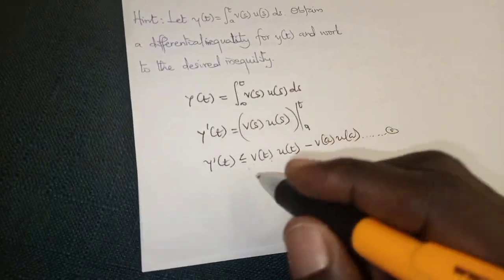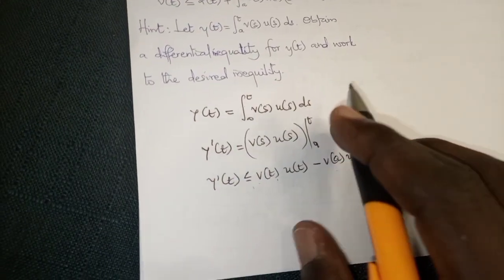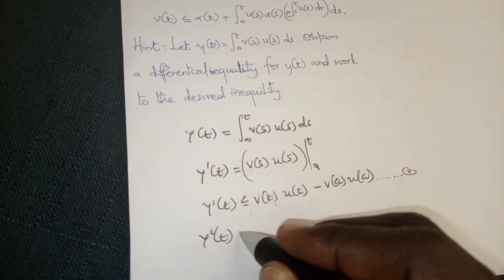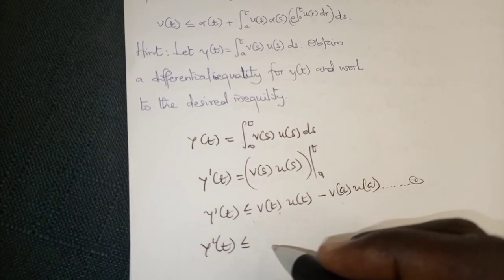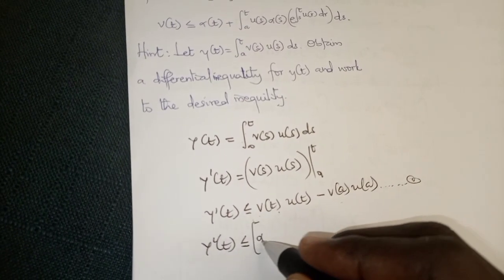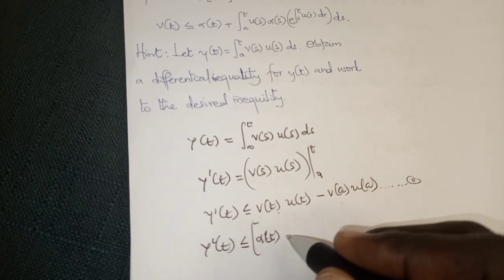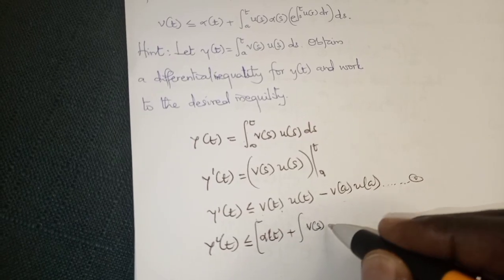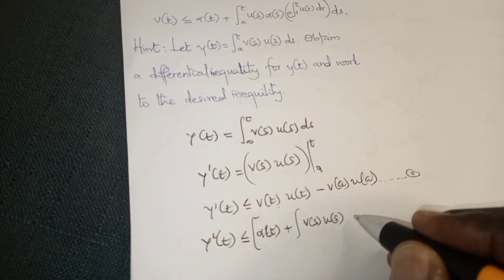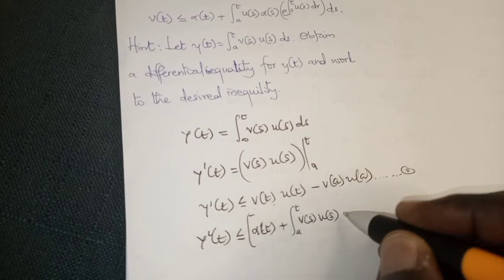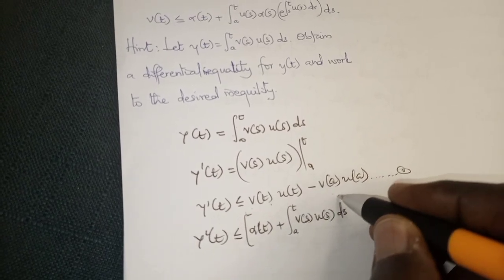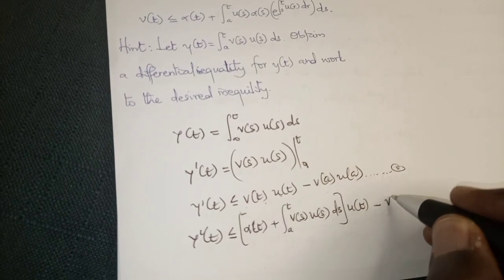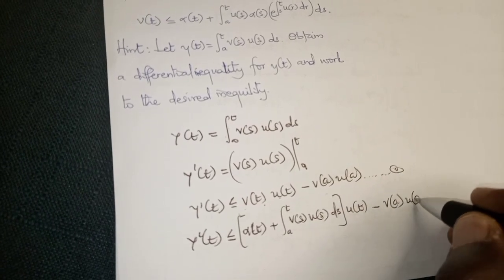So we have y prime of t less than or equals to v of t, where we put the integral expression, which is alpha of t plus the integral of v of s, u of s ds from a to t. Then we bring the u of t, minus v of a, u of a.